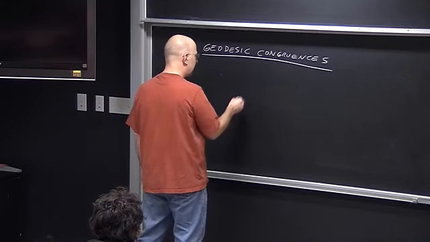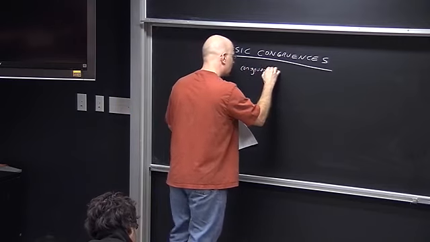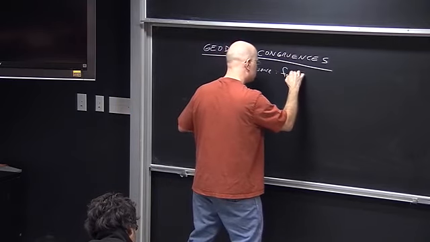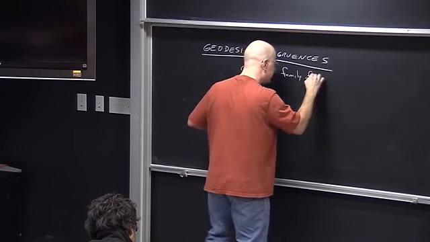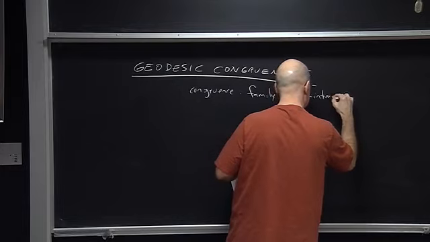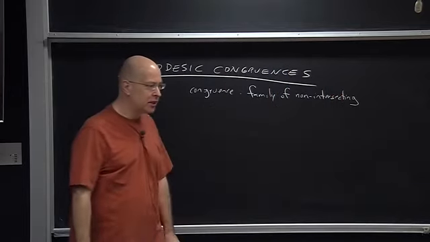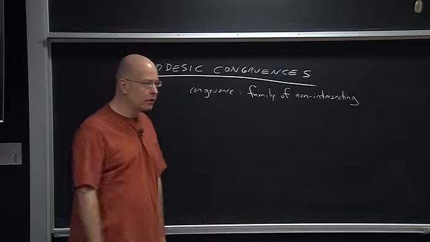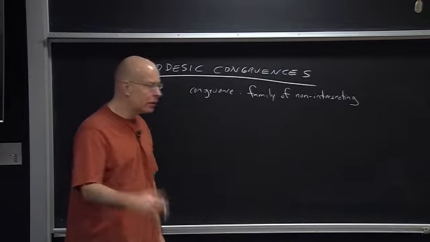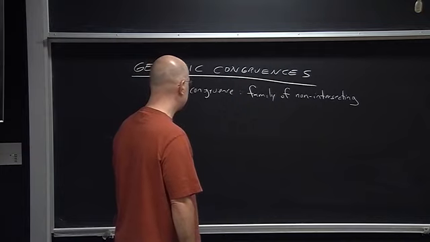And again, the whole idea is that a congruence is a family of non-intersecting curves. And if we're talking about geodesics specifically, we could be talking about curves that are not geodesics, but for our purposes here, we're going to be talking about geodesics.